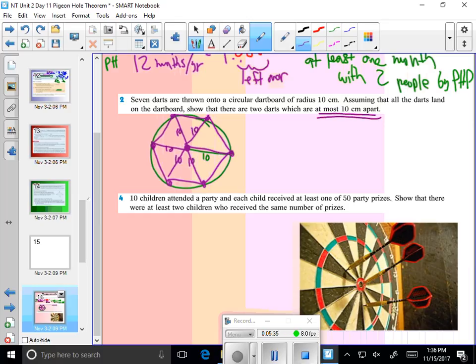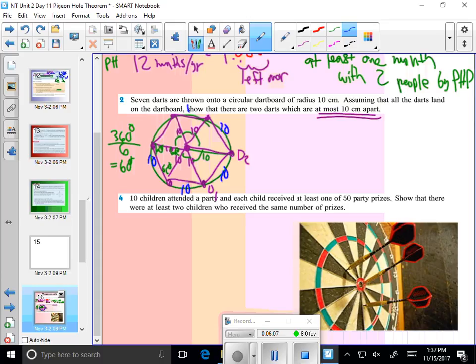What's the distance from dart 1 to dart 2? What's this short distance? Well, you get 10 because there's 360 degrees in a whole circle, and you divide by 1, 2, 3, 4, 5, 6 triangles. That's going to be 60 degrees. Now, if this is 60 and they're isosceles, all of these angles are 60, so that means outside here, each of these will be 10.